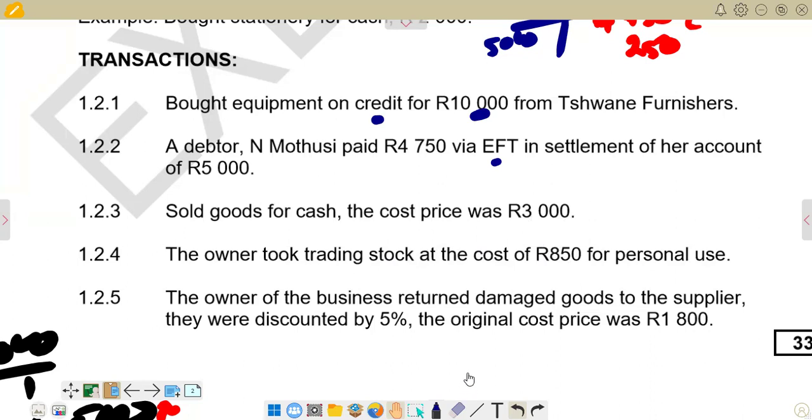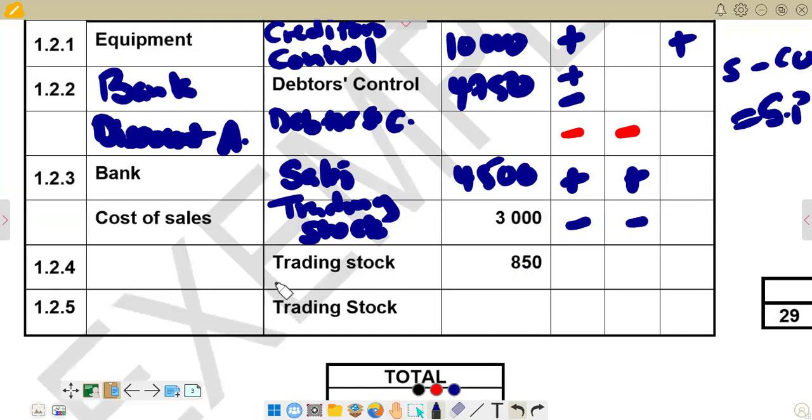So this is the double entry that we have, and the amount is 850. So we come here. We are saying trading stock is credited, and then we are debiting our drawings.